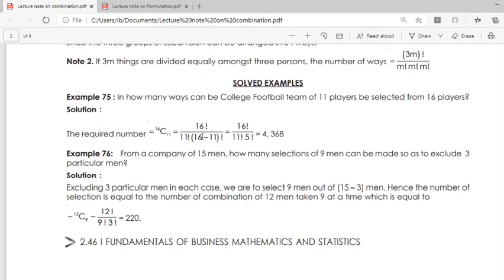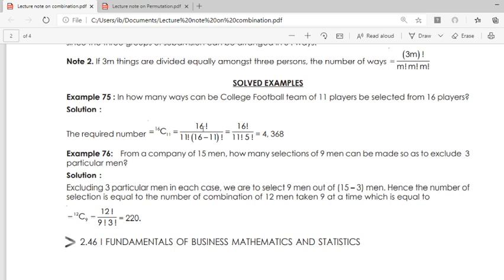Let's solve problems. In how many ways can a college football team of 11 players be selected out of 16 players? Now, you have a set of 16 players and you want to make up a team of 11 players. How do you select it? You just say the n is 16 and the R, as you are taking at a time, is 11, so it will be 16 combination 11.